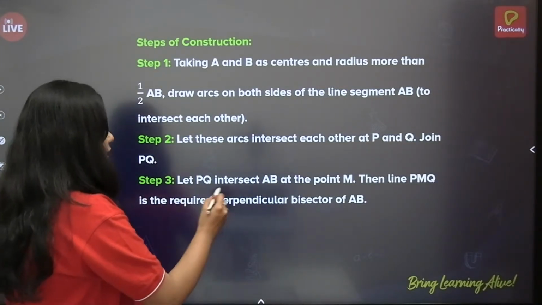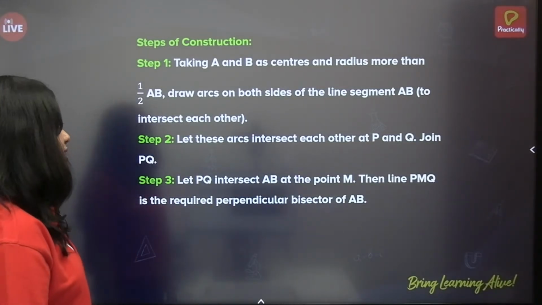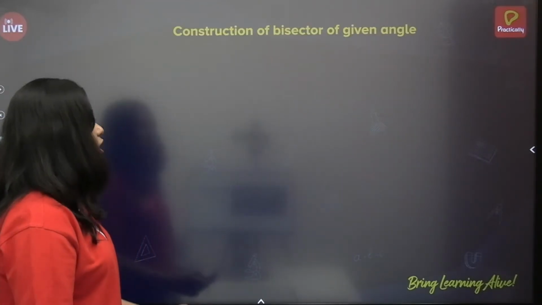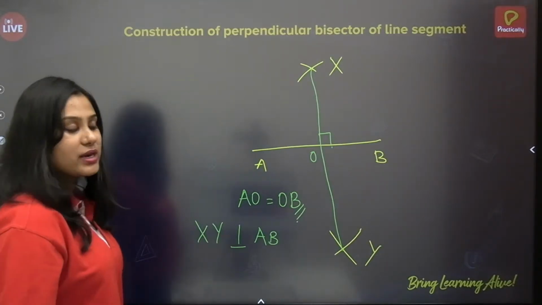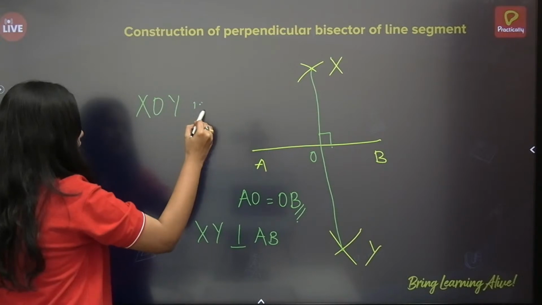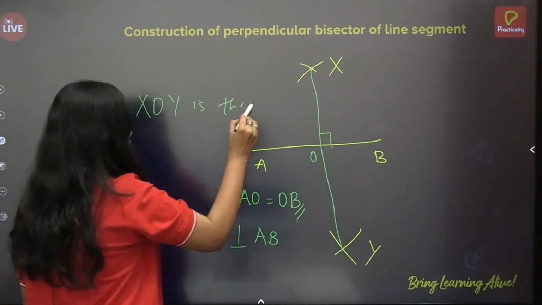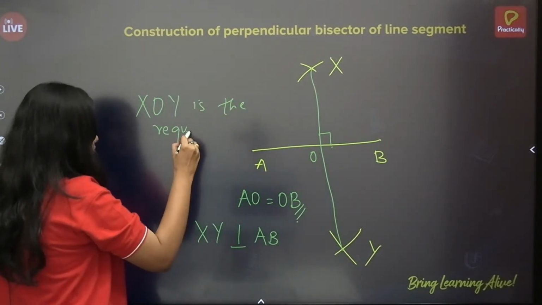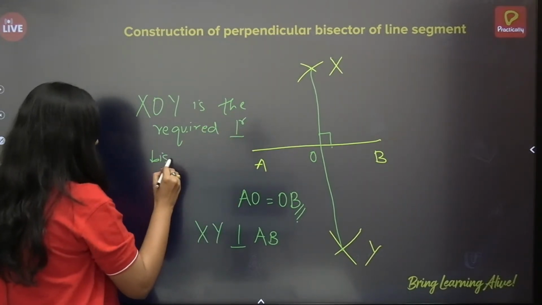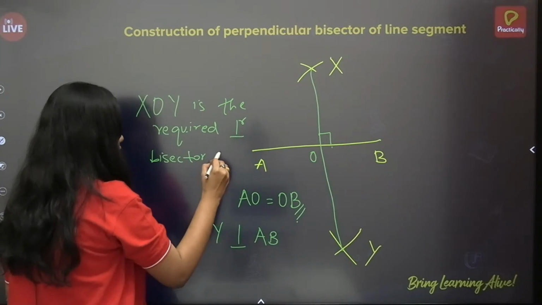Next, let PQ intersect AB at point M, then line PMQ is the required perpendicular bisector of AB. So here, XOY is the required perpendicular bisector of AB.